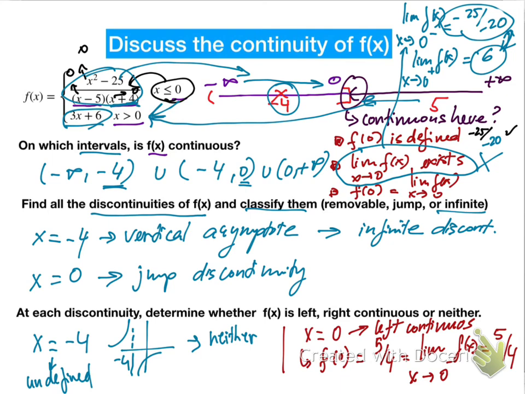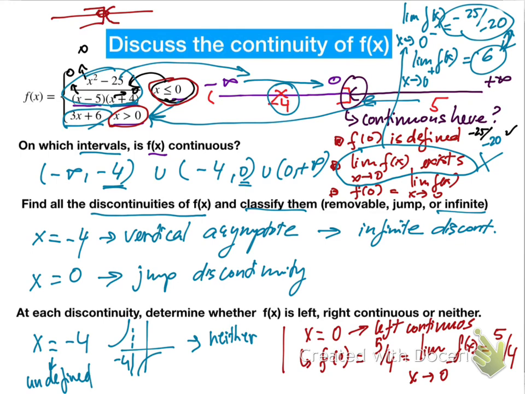We can make this conclusion based on the domain of this piecewise function. Look at 0 right here. You have the bracket because 0 is included on the left side, and you have the parentheses because 0 is not included on the right side.